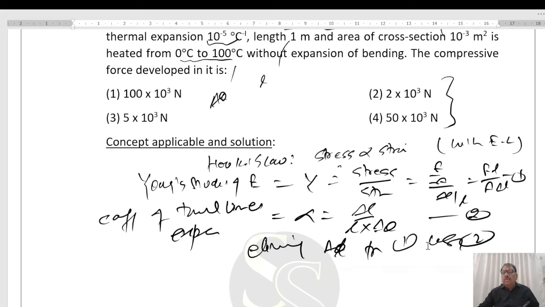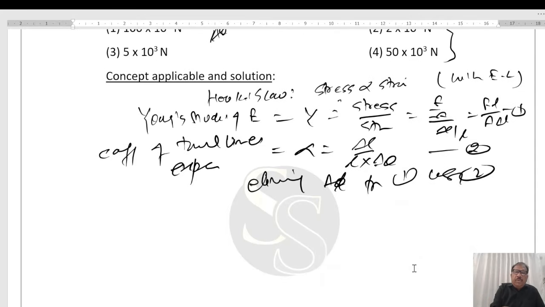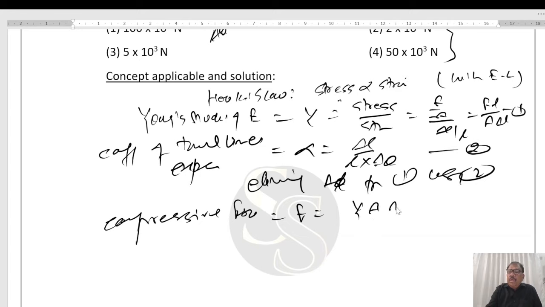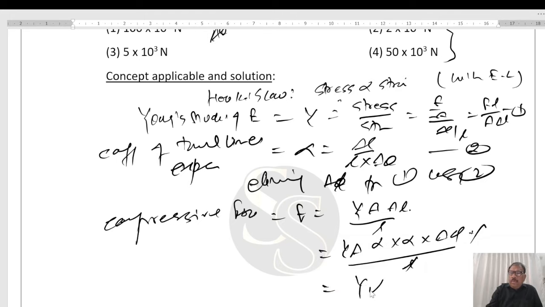Now the compressive force F will be equal to Y A delta L upon L. So that is Y A, in place of delta L, alpha into L into delta theta upon L. Right? This L cancels. So this comes out to be Y alpha A delta theta.